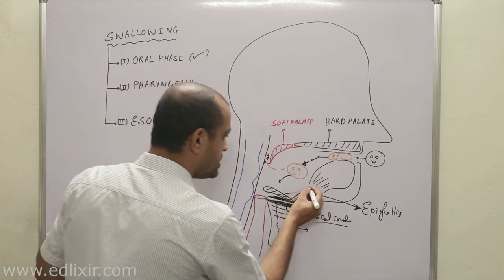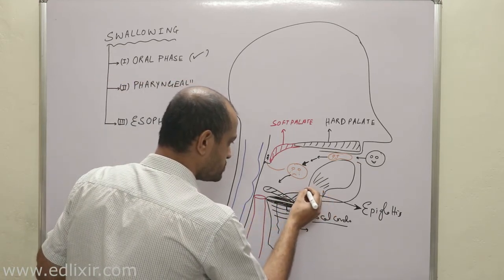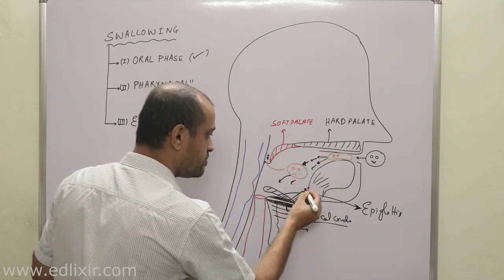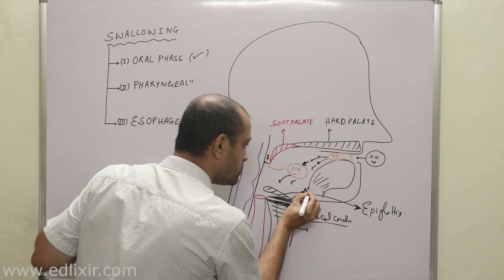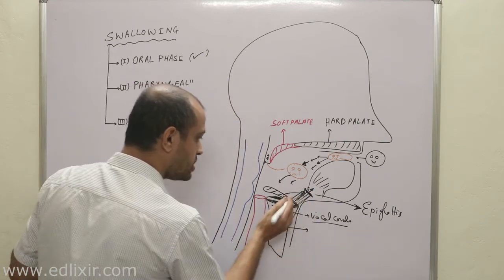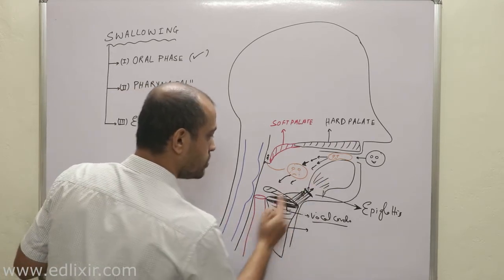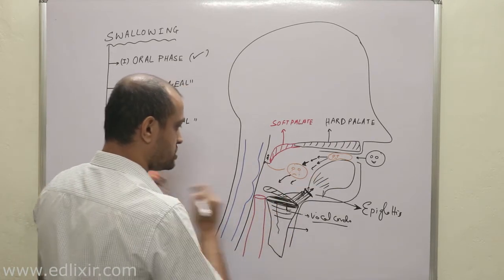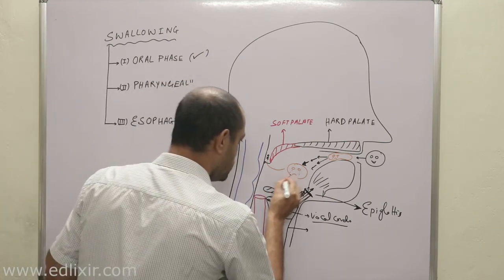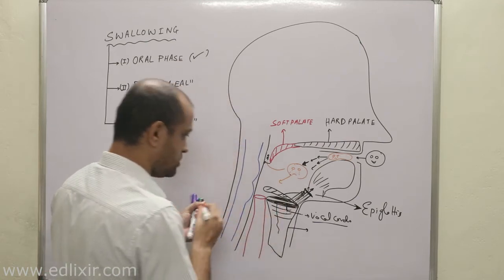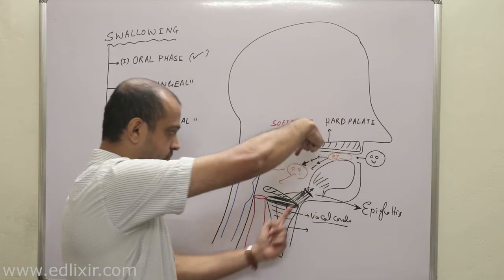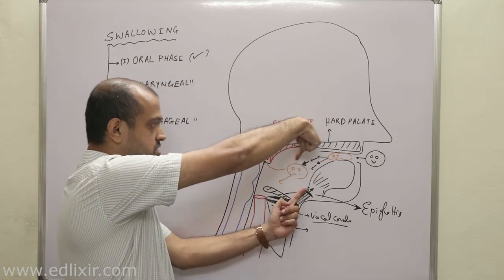When the tongue moves the bolus inside, the hyoid bone comes towards the tongue, and with the help of these muscles this whole arrangement moves this way. Now a very important point is happening here. The food bolus will move here, right? This whole arrangement is moving in this direction, and the food bolus is moving in this direction.